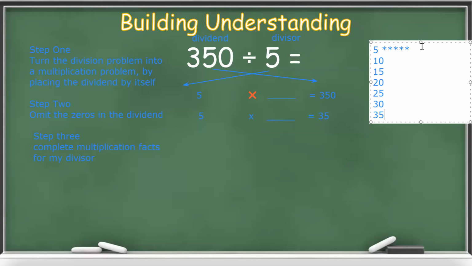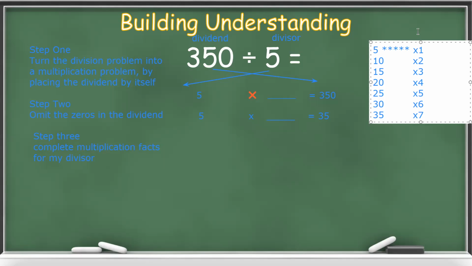Now I need to count how many times I multiplied the number 5. So this is actually times 1, this is times 2, times 3, times 4, times 5, times 6, times 7.